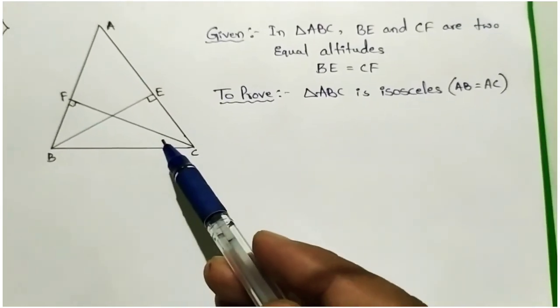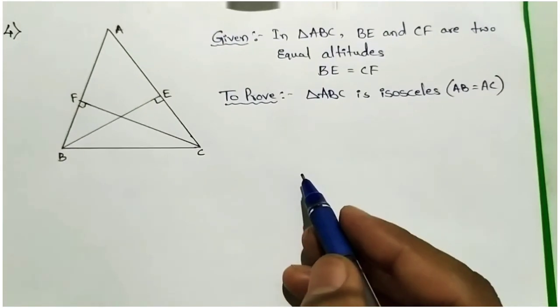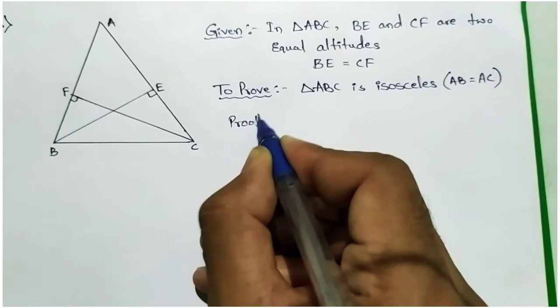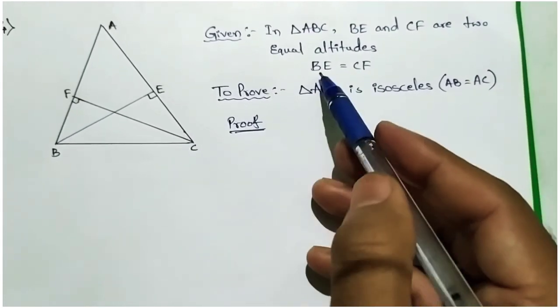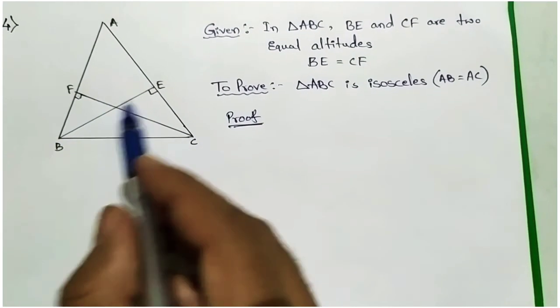Okay, so it is similar to the problem which we solved in exercise 5.2. In the proof, we have to take the triangles which include the altitudes. Where are those?